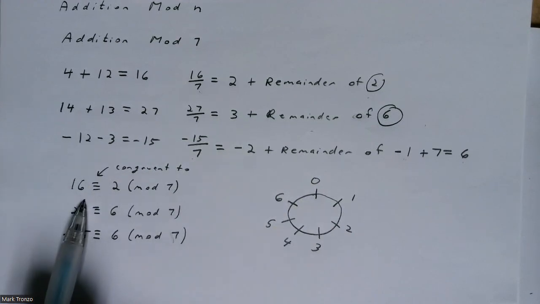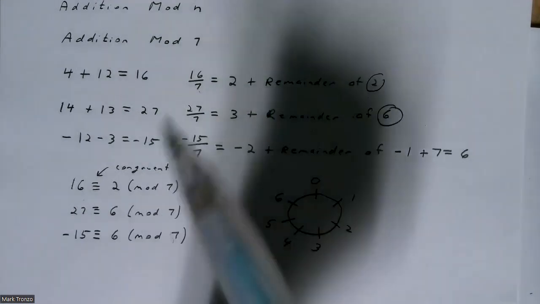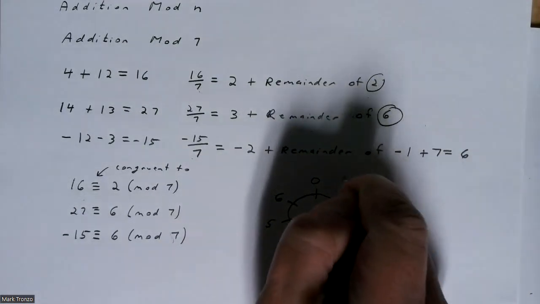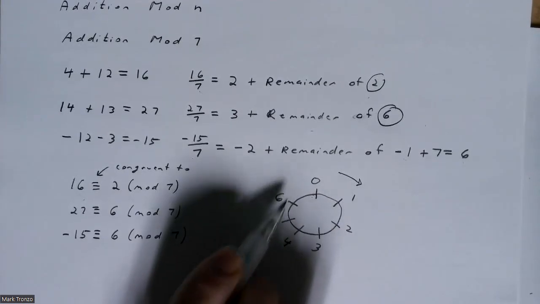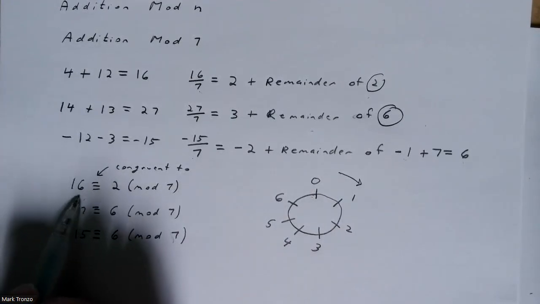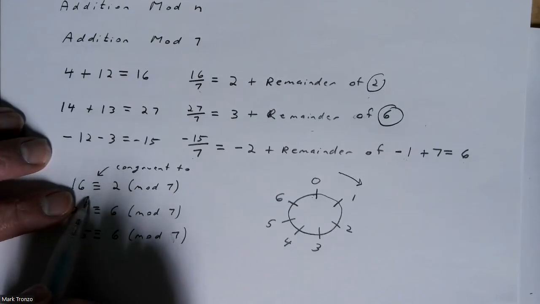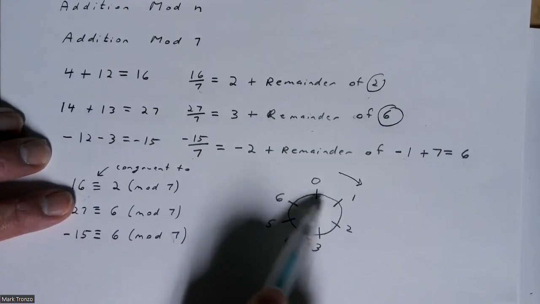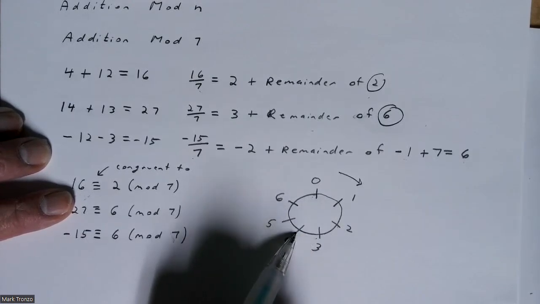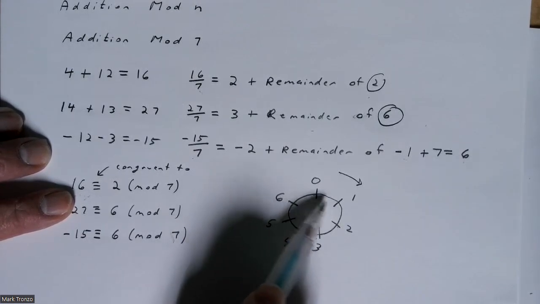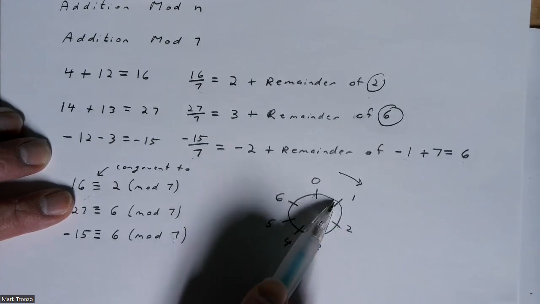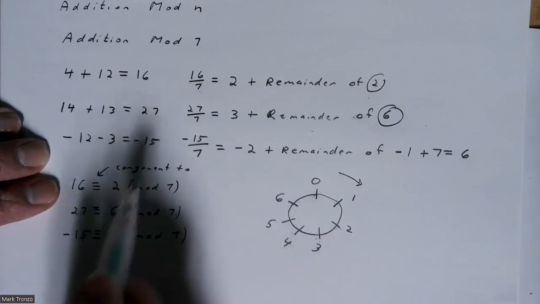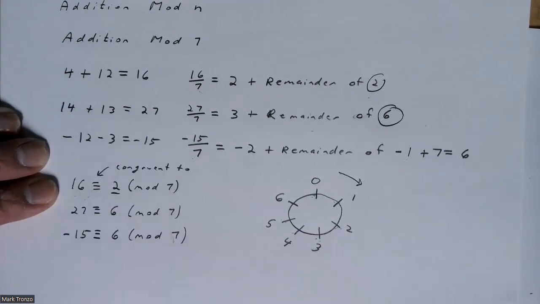And now let's try each of these. Let's count in this direction, which in this case I wrote clockwise. If we count in a clockwise direction, 16, let's start at 0 and count 1, 2, 3, 4, 5, 6, 7, 8, 9, 10, 11, 12, 13, 14, 15, 16. We ended up at 2, just like we got over here.